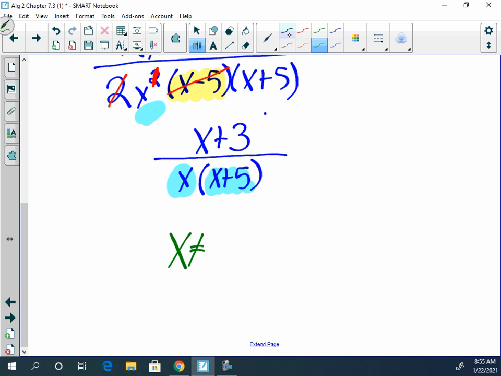So what would make x minus 5 equal 0? So here the only one that we would have is x equals 5. Now we did have one of the x's cancel out, but because we still have one left over where x is 0, they're not going to include that one. But we do have that there.